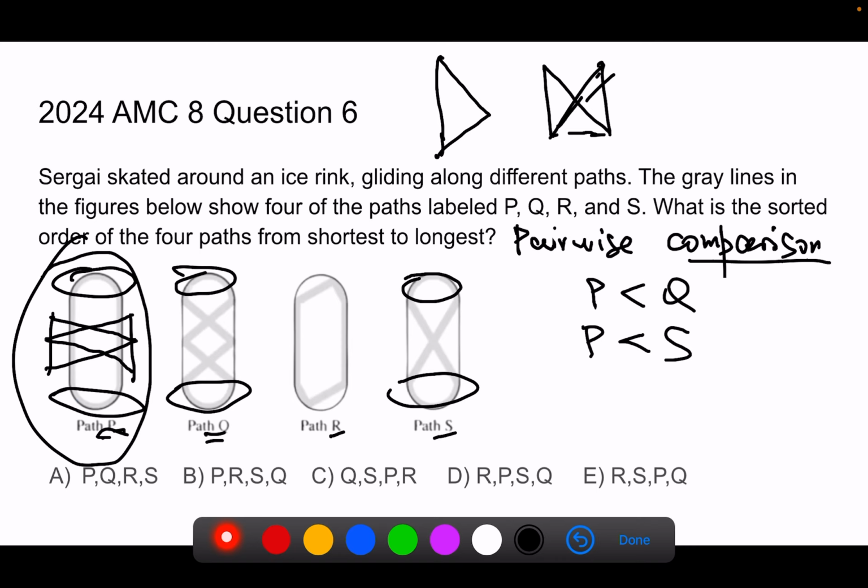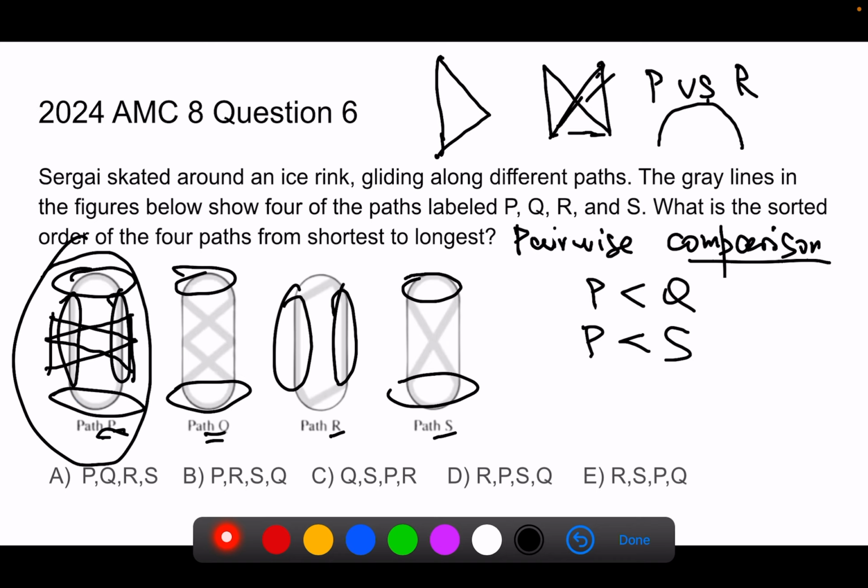Now compare P and R. For P and R, the overlapping region is different. It's actually those two straight lines that are common. So what you're trying to compare is a half circle versus two lines.